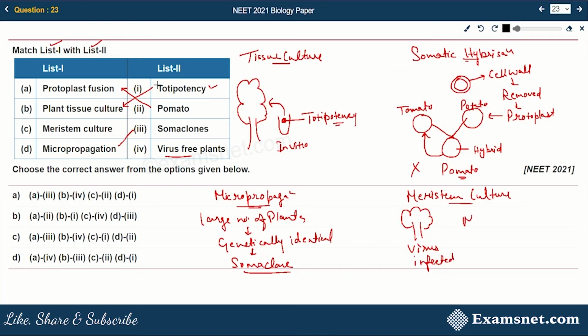So we take the meristem in a test tube and grow it in vitro to get a plant that is virus free. So the virus free plant is related to meristem culture. So the correct option out of the four given options will be option B. Got it? I hope you understood.